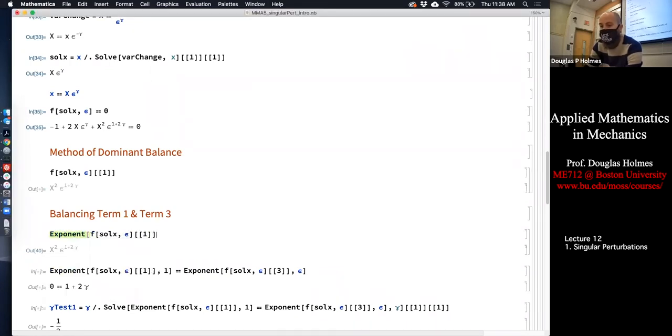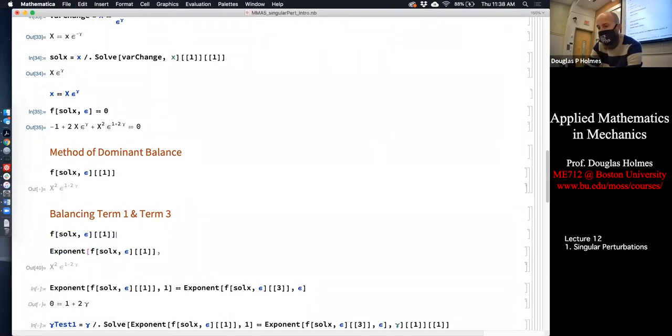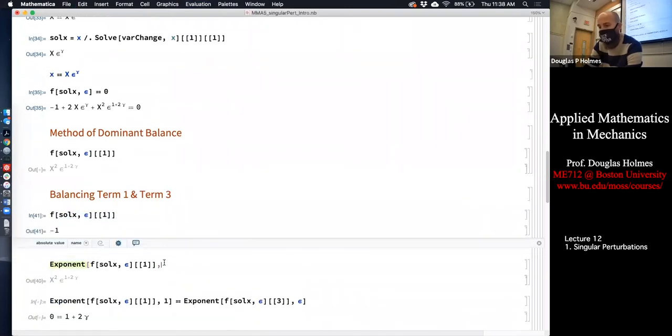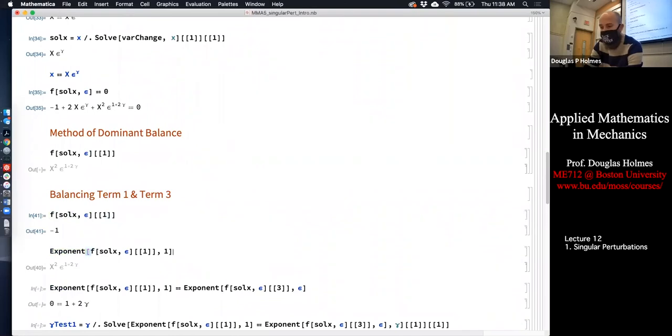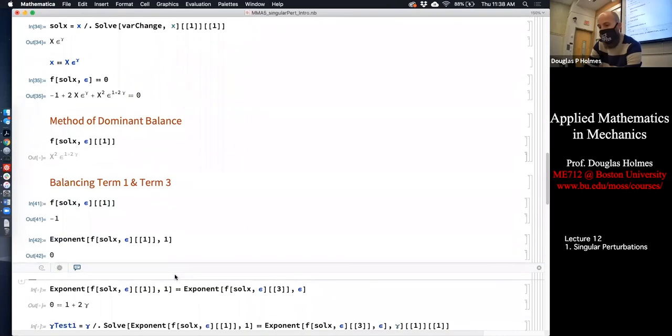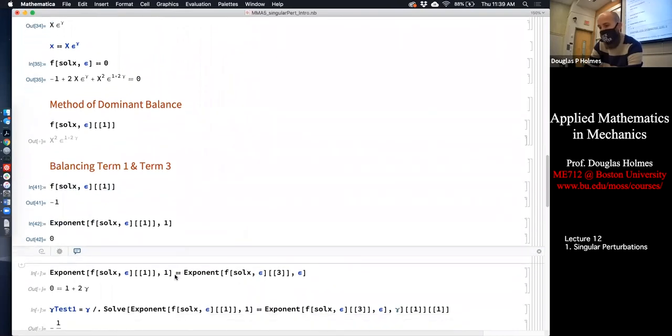And we have to tell it what exponent in particular we're interested in. So the first term was 1, I think minus 1. So we're interested in the exponent on the number 1, which is just going to be 0. Right? And next we're going to look at the exponent on this third term.